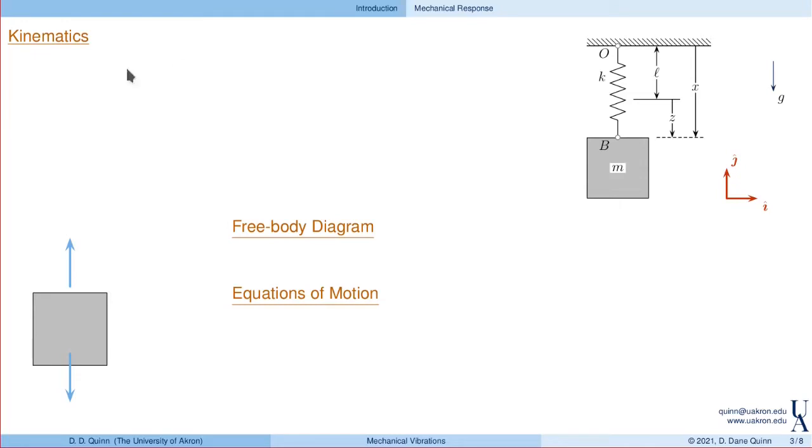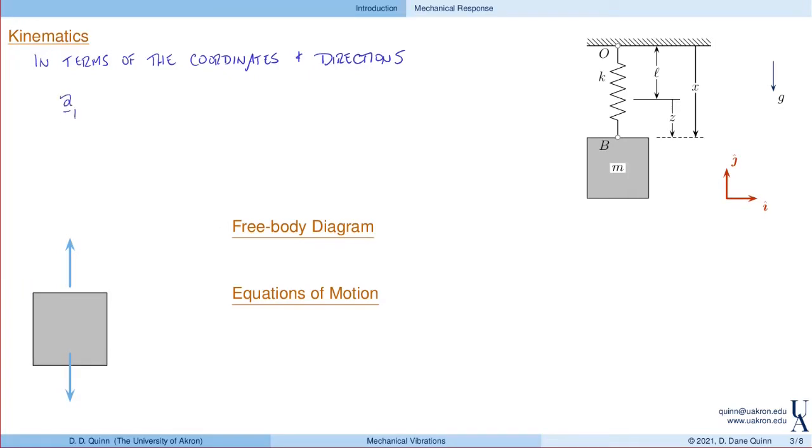So here, in terms of the coordinates and directions that we defined, we want to write the acceleration.